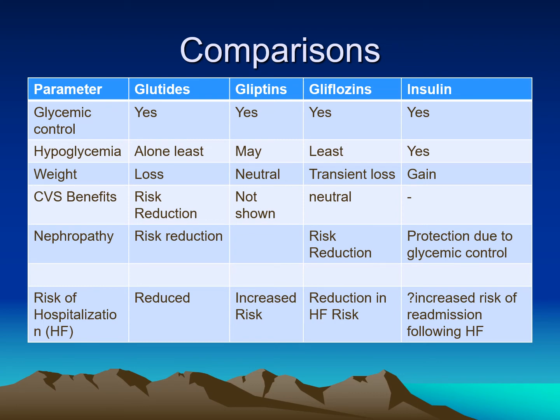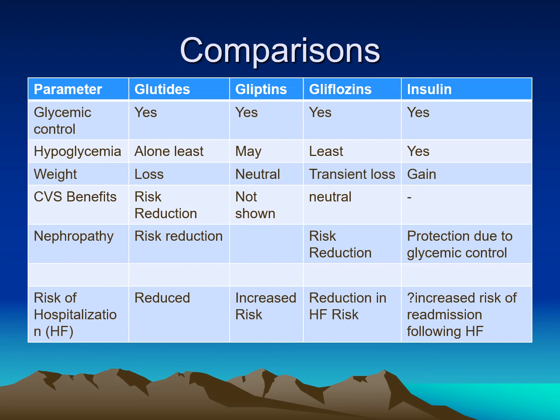Cardiovascular risk reduction and renal protective effects are much more with glutides. Gliflozins are somewhat neutral, or there is prevention of renal damage. Insulin's effect would be indirect because of protection due to glycemic control. More important, the risk of hospitalization is reduced by glutides, increased by gliptins, maybe reduced with gliflozin, and maybe increased with insulin.